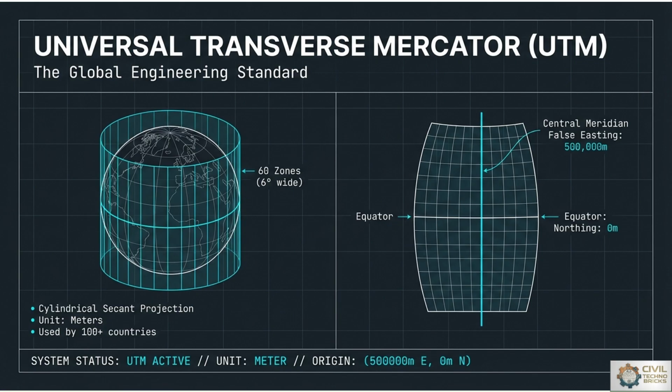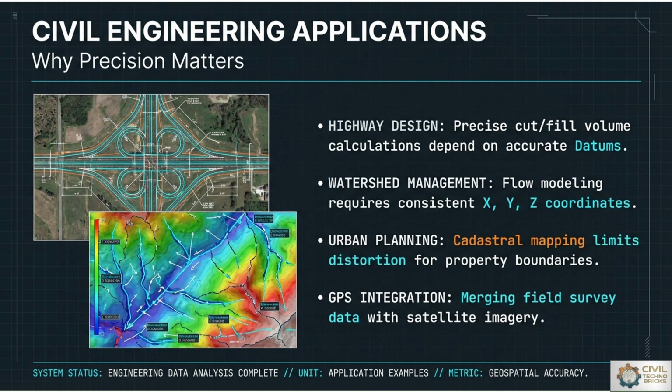Universal Transverse Mercator gives the unit in meters, and the origin is easting and northing. So this is a more precise coordinate system which is globally used, and in the United States also precisely used for each and every project. What are the civil engineering applications for these coordinate systems?